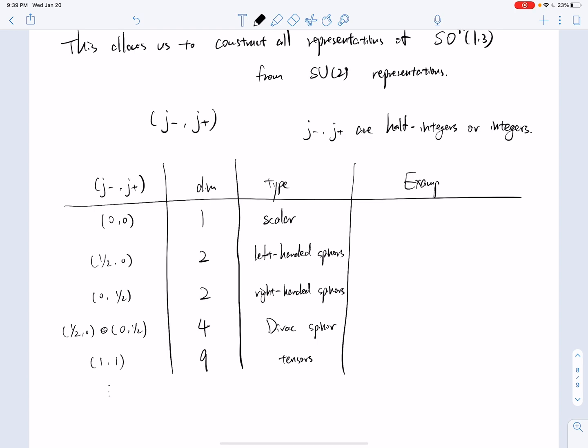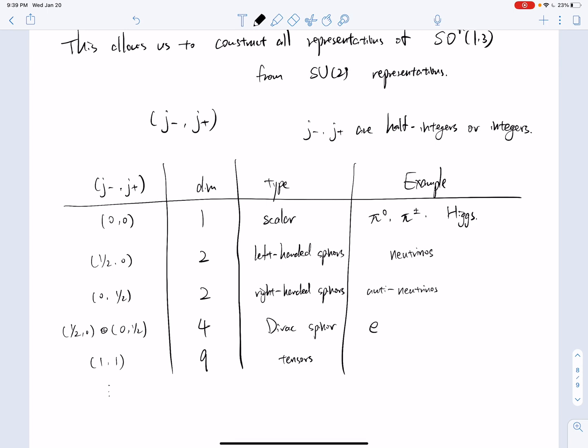So that's very abstract. Let me give an example. The example for a scalar, in particle physics, we have pions, and the most famous example is the Higgs boson. The left-handed spinors, the most famous example are neutrinos, and their antiparticles are right-handed spinors. The Dirac spinor is the most common.